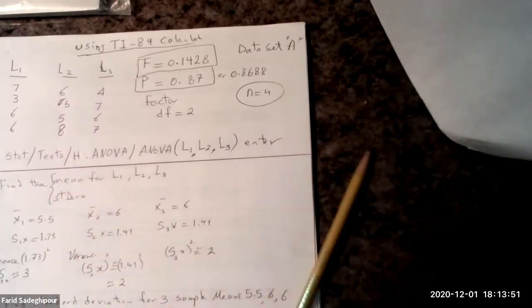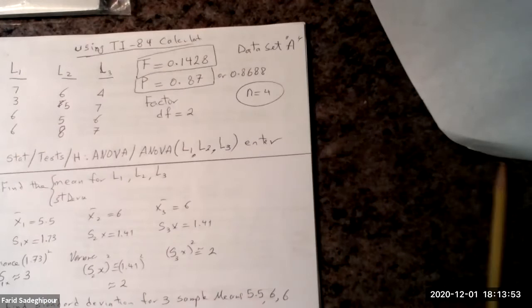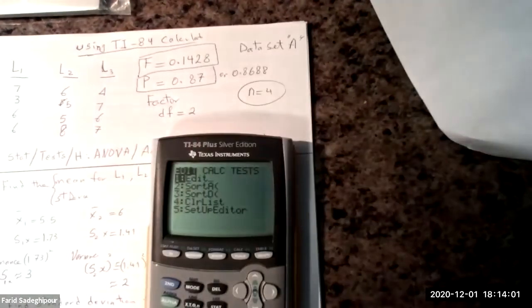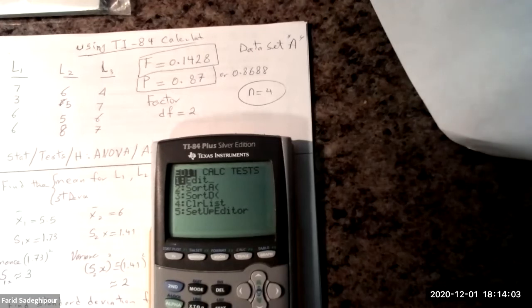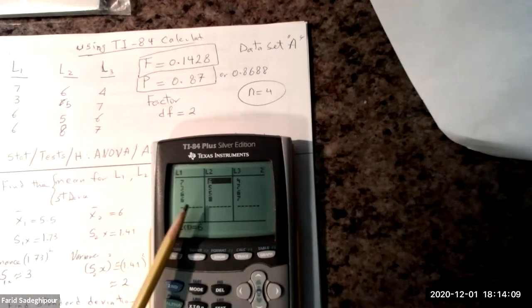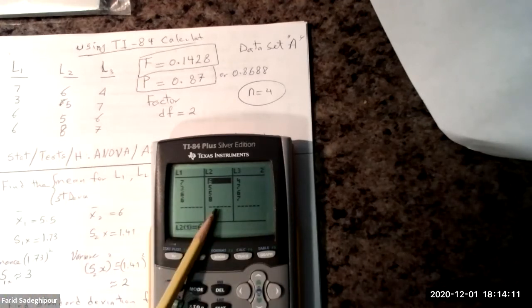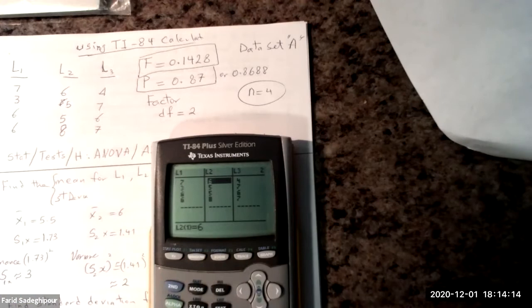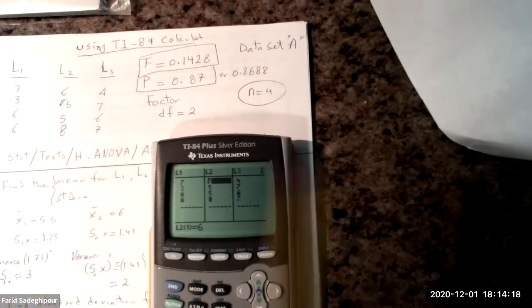And then you could use the calculator for those. On your calculator, under edit, you have all these numbers under L1, these numbers under L2, and these numbers under L3. Then you go to stat test, ANOVA.